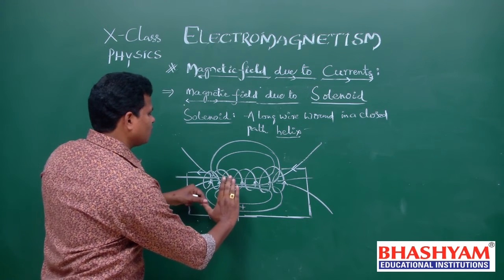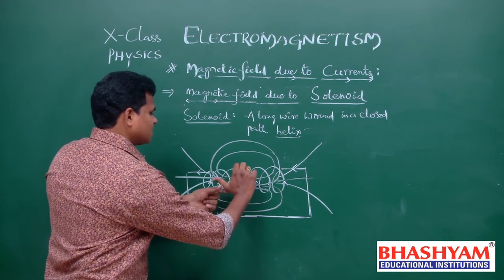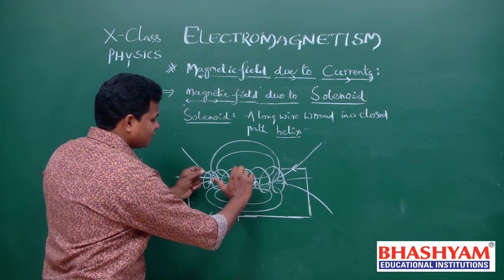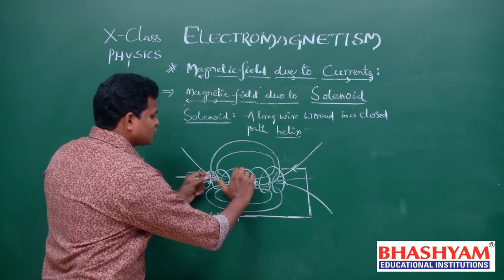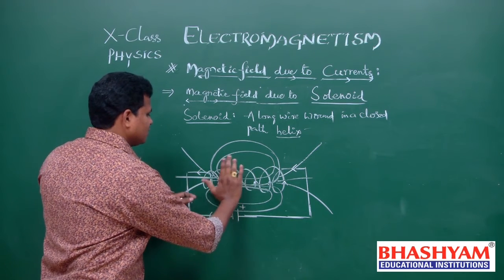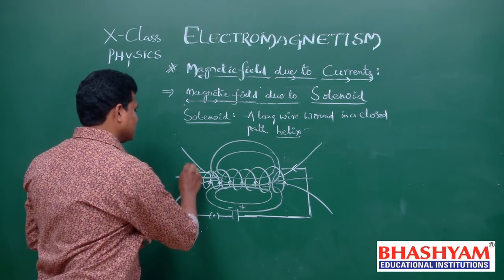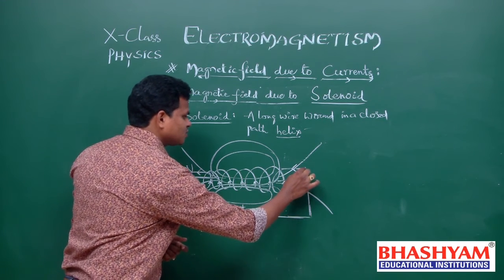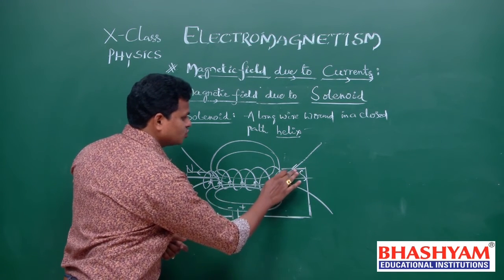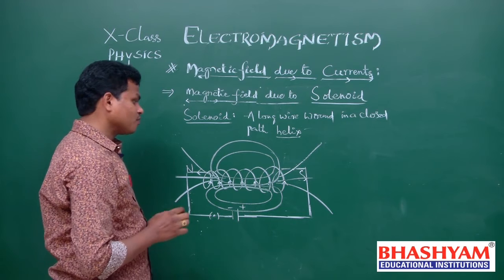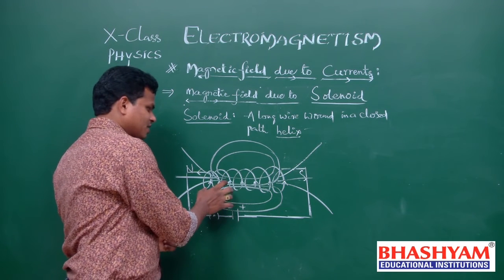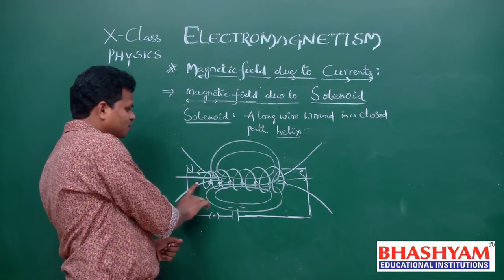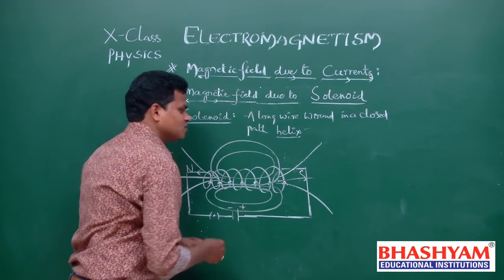In the direction of current, the thumb gives the direction of magnetic field or the direction of magnetic north. This is the north. Automatically this is the south. Means in the solenoid, one end behaves as a north pole, the other end behaves as a south pole.